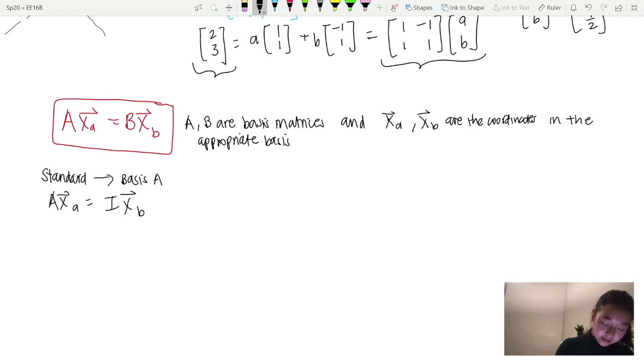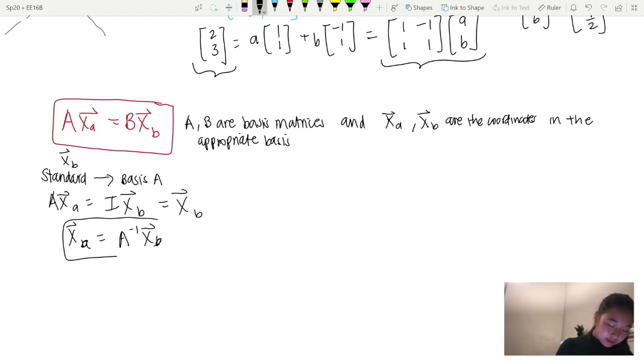So then in this case, this is just equal to X_B, which is how we're representing it in the standard matrices. But you're trying to get to the value in basis A. So now you gotta take the inverse of the matrix on both sides. So you have X_A is just equal to A inverse times X_B.